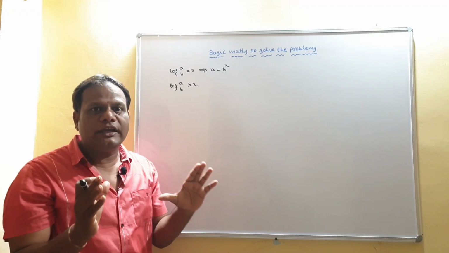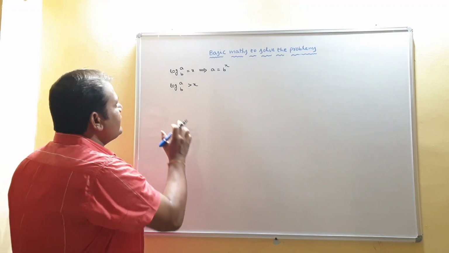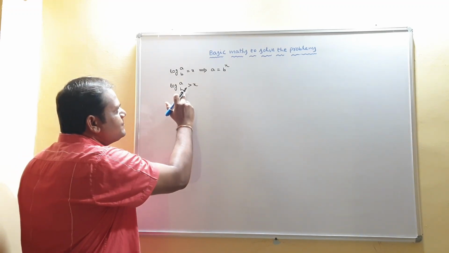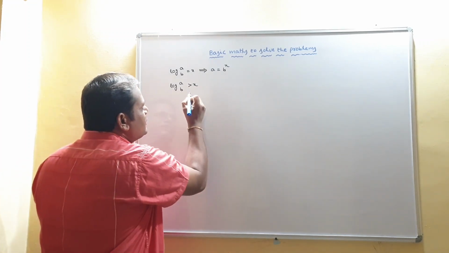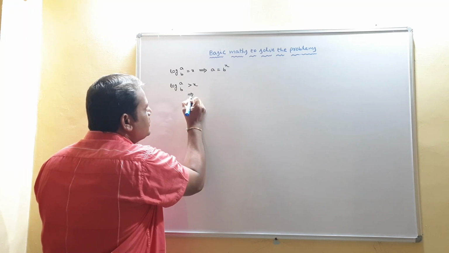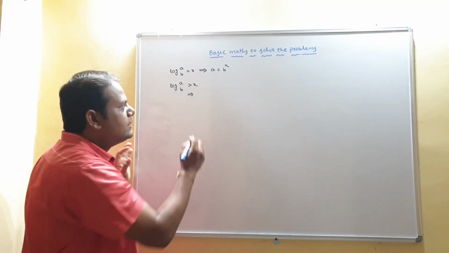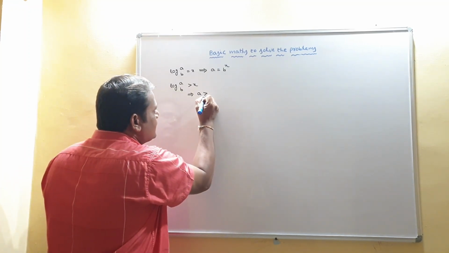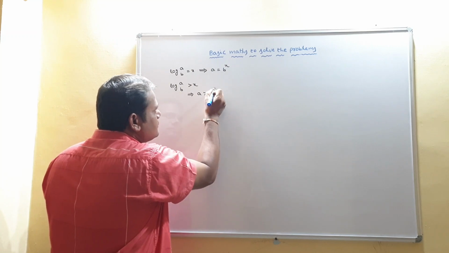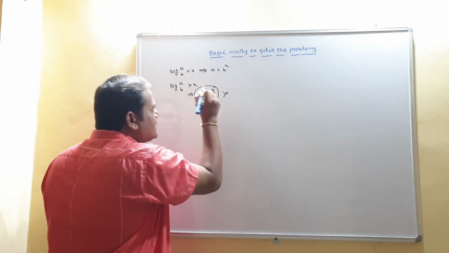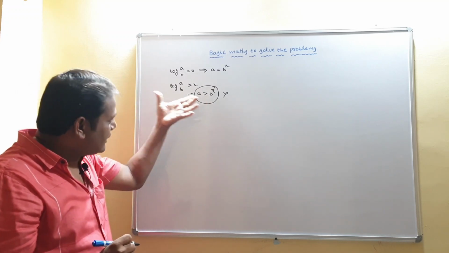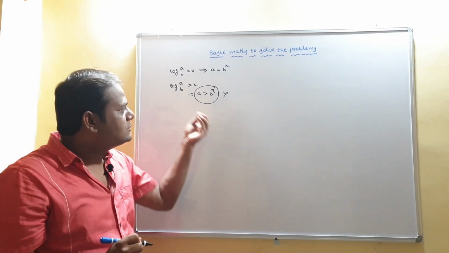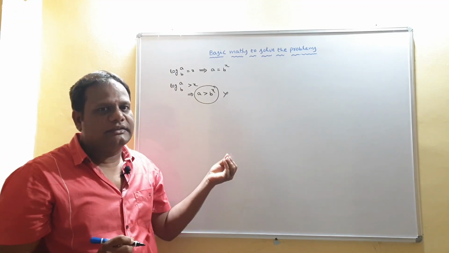Suppose while solving any problem, you arrive at log a to the base b greater than x, then many of the students blindly write a greater than b power x. But if you write this, that may be wrong. Okay, so why? Now we discuss.